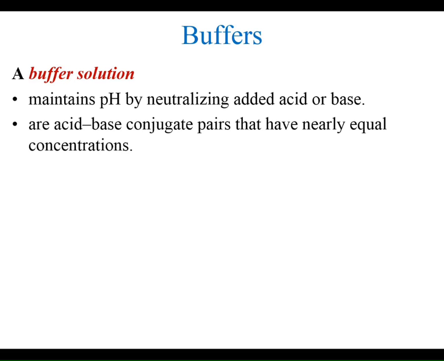So basically what they are is an acid and its conjugate base in about equal concentrations. So remember, an acid becomes a conjugate base, a base becomes a conjugate acid. So you figure out what they are, and you use both of them. So then you have acid present and you have base present.